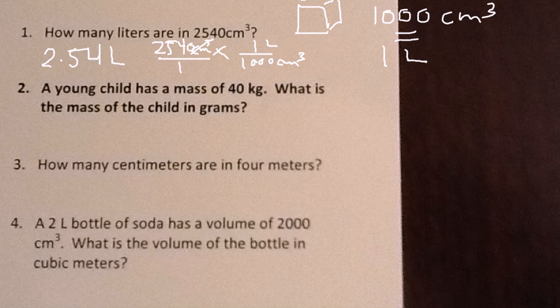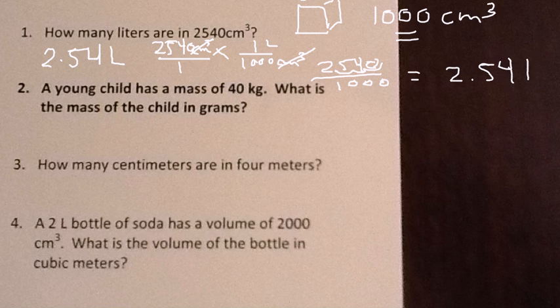We can eliminate cubic centimeters, and then we get 2,540 divided by 1,000. We just move the decimal point to the left, the same amount of zeros, and we get 2.54 liters, and that is your answer.